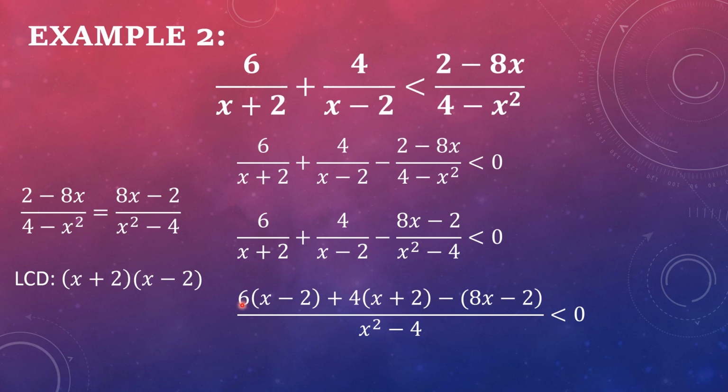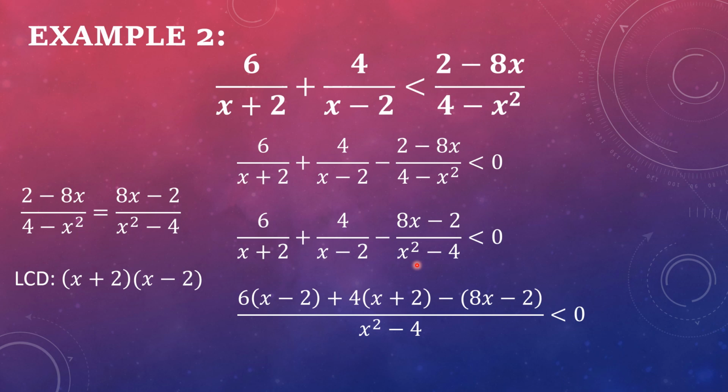Okay, so same process, LCD divided by the denominator times the numerator. So we have here LCD x plus 2, x minus 2 divided by x plus 2 times 6 is 6 quantity x minus 2. LCD divided by x minus 2 times 4 as the numerator is 4 quantity x plus 2 minus the LCD, the factors of x squared minus 4, which is our denominator.